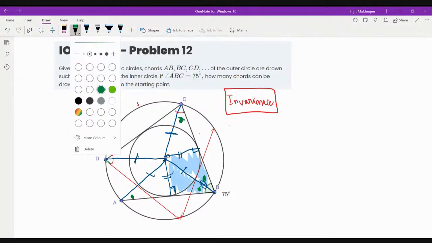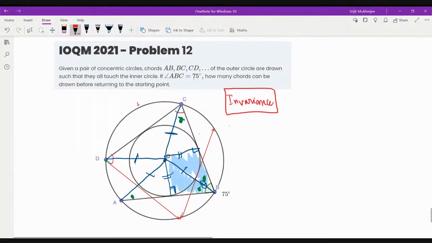Similarly, use this triangle and this triangle now to prove that these two are angle bisectors. Therefore all these angles are equal, so this angle is equal to this angle. Did you understand the solution, guys?